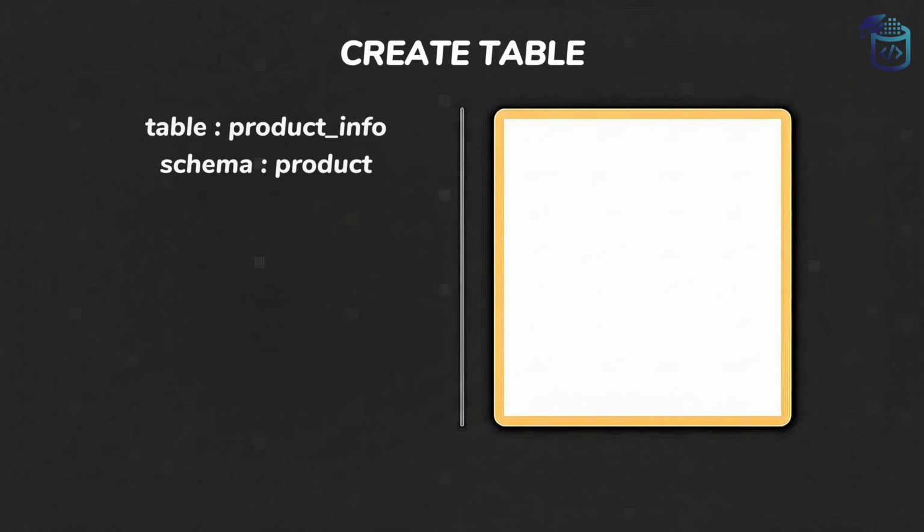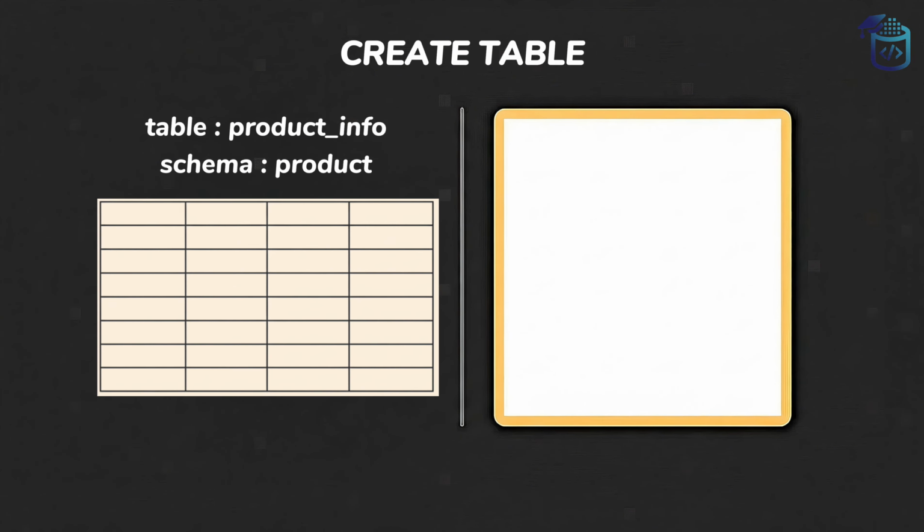Now that we know our data types, let's move on to the create table command. Create table is used to build new tables inside a schema. A table is where we actually store our data. For example, let's create a table called product info in our product schema that we created earlier.